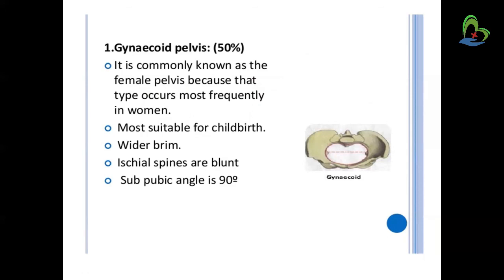It is commonly known as the female pelvis because that type occurs most frequently in women. This is the pelvis most suitable for the childbirth process. Here is the brim, which is much wider than in the other types. The ischial spines are blunt, meaning without sharpness.